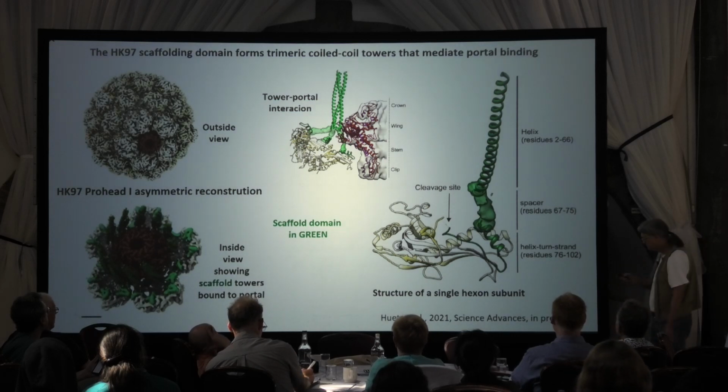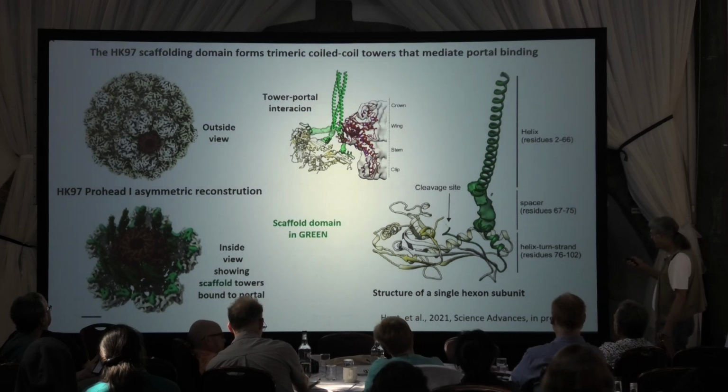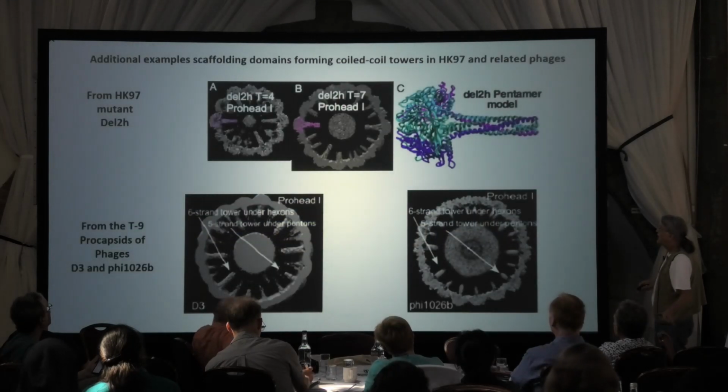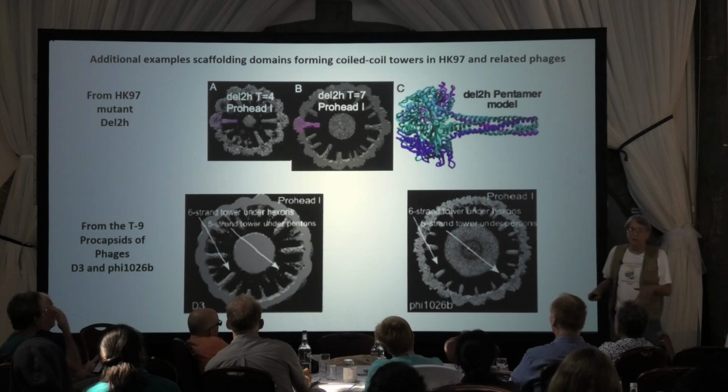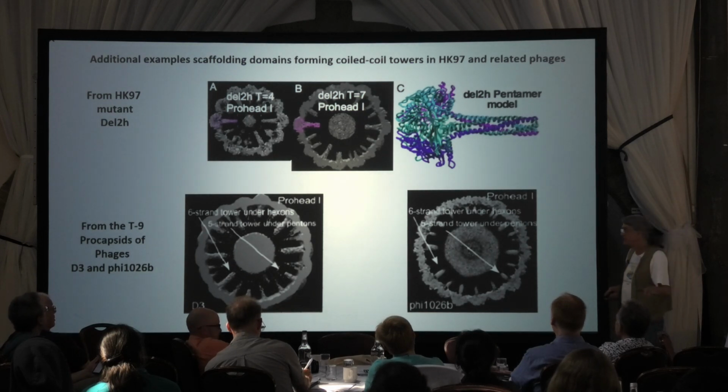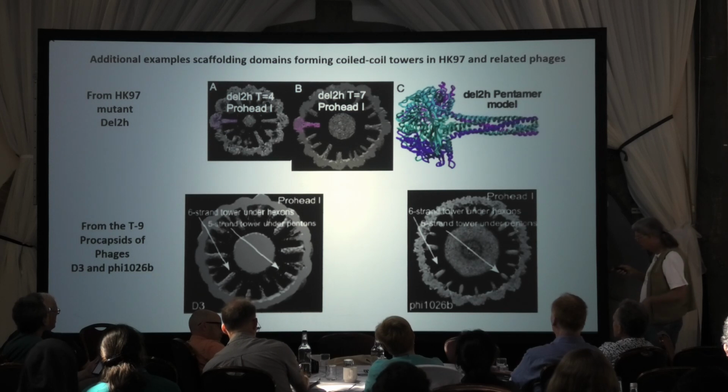And there's actually additional evidence for similar coiled towers, both in HK97 mutant and in a couple of larger phages that we work with.